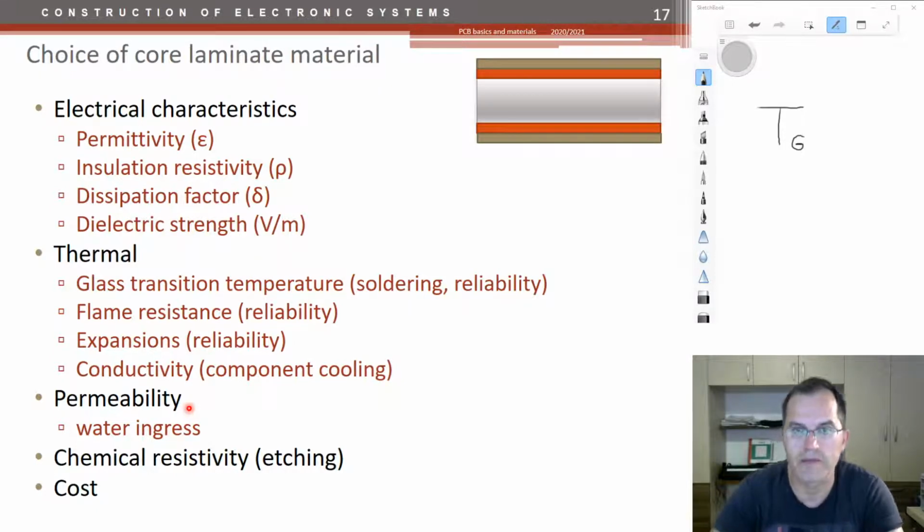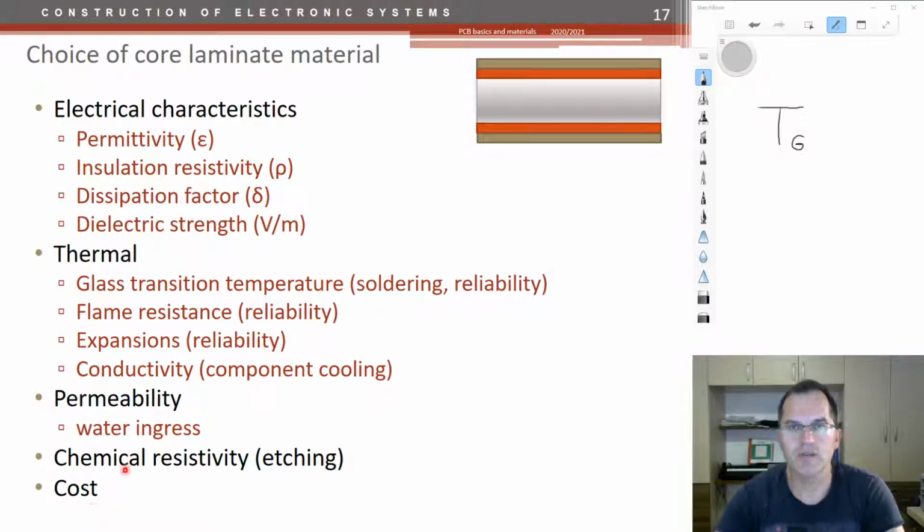So they should be water repelling. Of course, chemical resistivity is also important because of the etching that happens. That is one of the procedures during PCB manufacturing. And cost, of course, the cheaper the better, as usually.